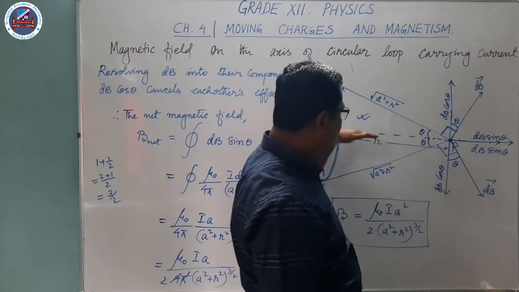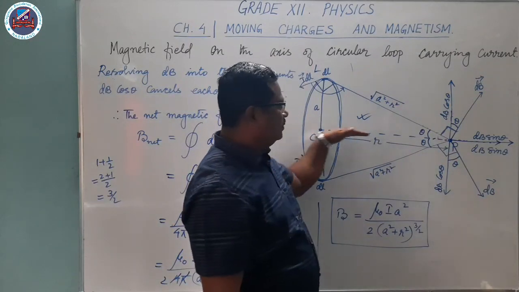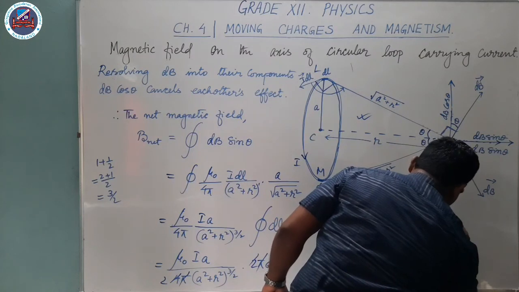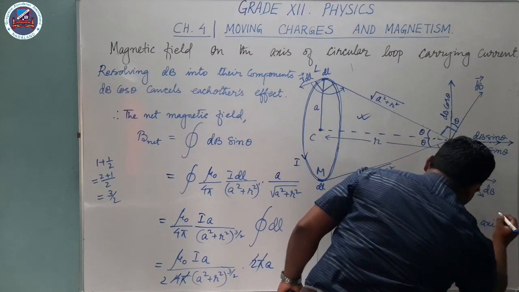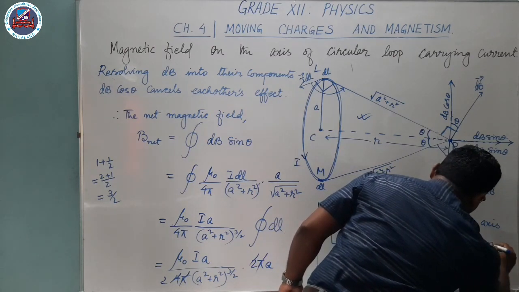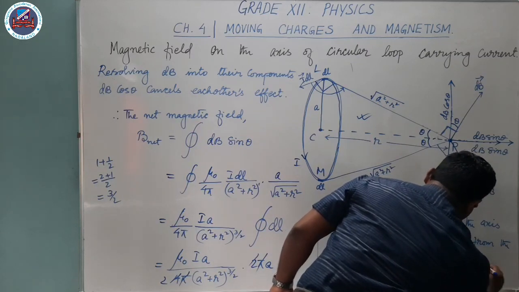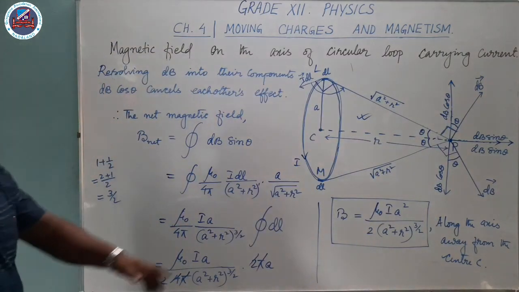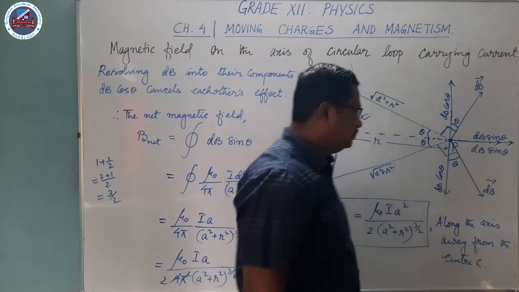It is along the axis away from the center. The point P you have chosen along the axis of the circular coil. Along the axis away from the center. Like this you can give the direction. This is the magnitude and this is the direction.